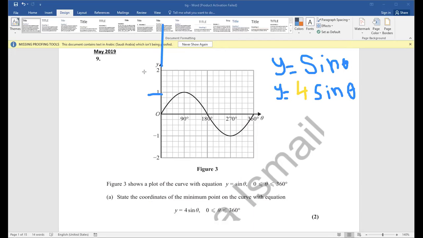So here is 3 and here is 4. Now we're going to extend it. Here we started from 0, and 0 times 4 is 0. And here instead of 1, it will be up at 4. So that's a new point here.